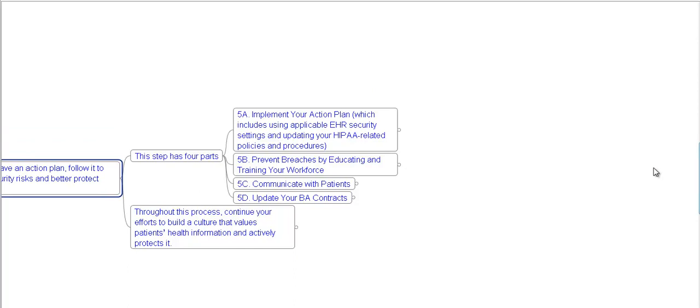First, implement your action plan, which includes using applicable EHR security settings and updating your HIPAA related policies and procedures. Prevent breaches by educating and training your workforce. Communicate with patients and update your BA contract. Let's see the first.